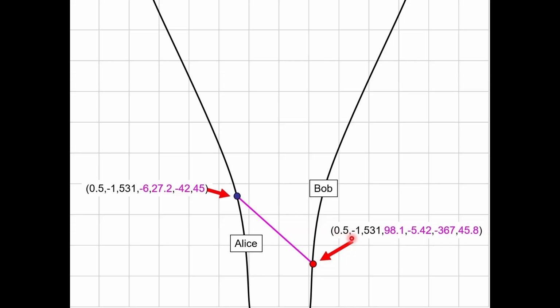The charge values at this point on Bob determine the field values at this point on Alice. Now these field numbers act on Alice's charge values, these numbers over here, by determining the trajectory of its world line to the next point. So this is the next point, and the location of this point is determined by these field numbers acting on the charge values of Alice.